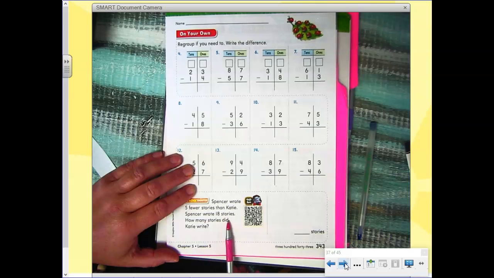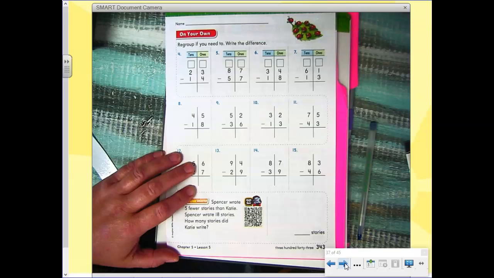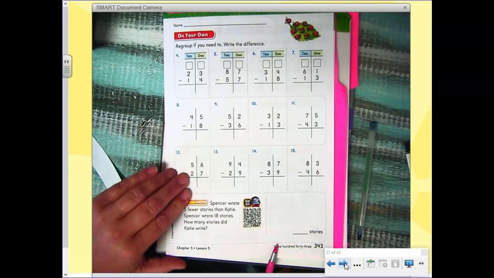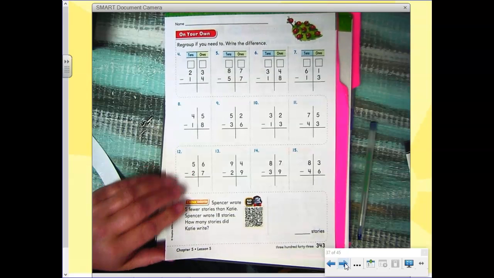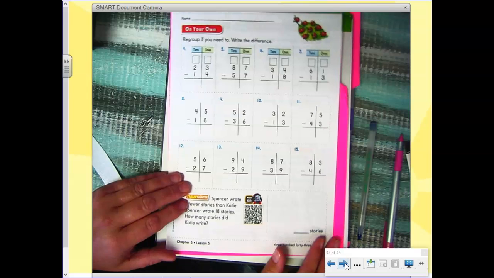You have to think about what it's telling you. You're going to see if you can figure out that problem. I will hook the video for you to watch and see how they solve it. You're going to do the front side only today. Front side only. Do your very best work. We're going to go over it tomorrow.